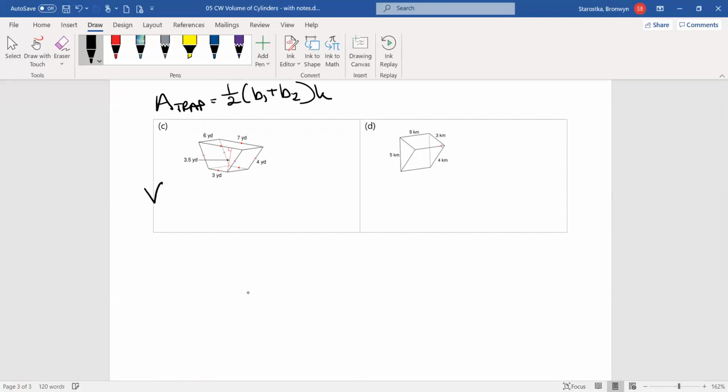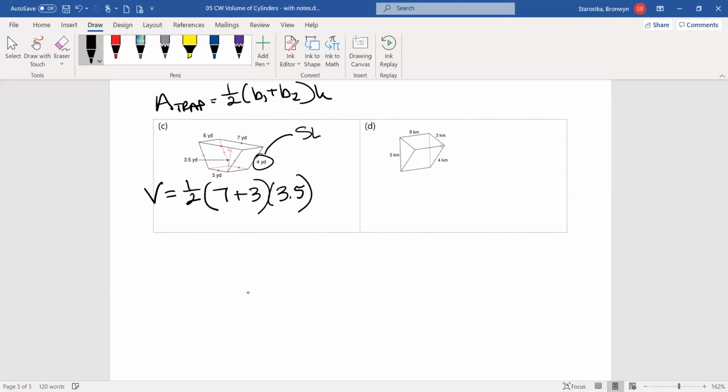Volume, plug in the trapezoid. 1/2, base 1 will go 7, the big one, plus base 2, the little one of 3. The height of the trapezoid is 3.5. If we know the height of the trapezoid is 3.5, what's the height of the prism? Well, if I look at 4, that's not it.